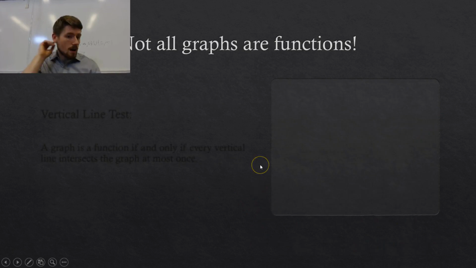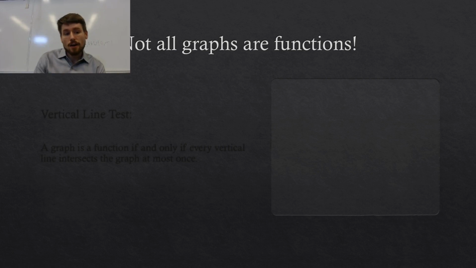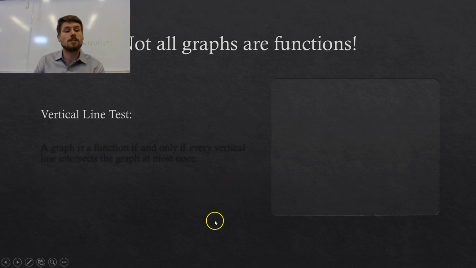All right. One thing to be mindful of is that not all curves on a coordinate plane are going to be functions. Not all graphs will be functions, okay? And so there's this thing called the vertical line test. This is an important test to determine if a curve is a function or not.